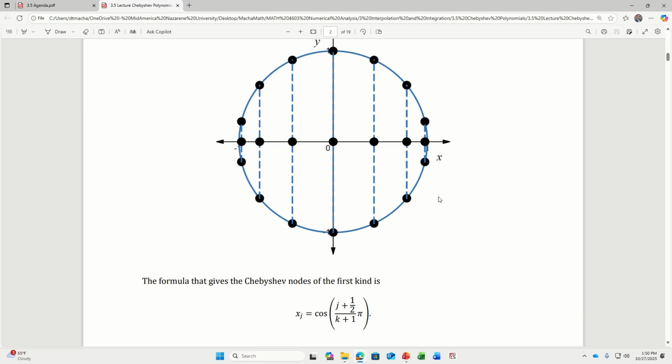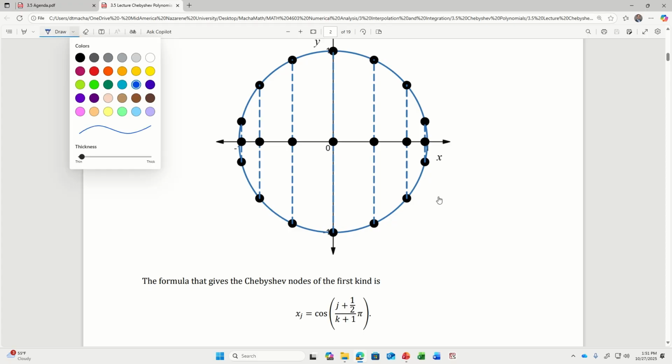If you're interested in a formula, you should be. This is the formula. The nodes are going to be the cosine of j plus a half, divided by k plus 1, times pi. Remember, k plus 1 is the number of nodes in all of our notes. I'm trying to be consistent with that.